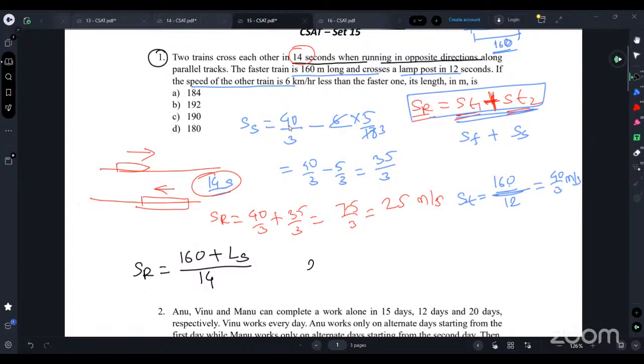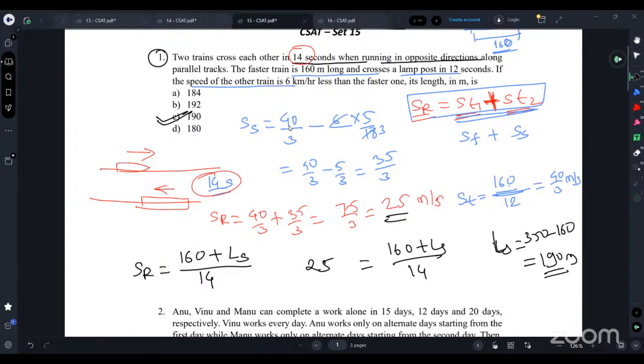Now the relative speed is 25 meters per second, that we have already got. So 25 equals 160 plus ls by 14. So ls will be 25 into 14, which is 350, minus 160, that will be 190 meters. So the length of the slower train will be 190 meters, right?